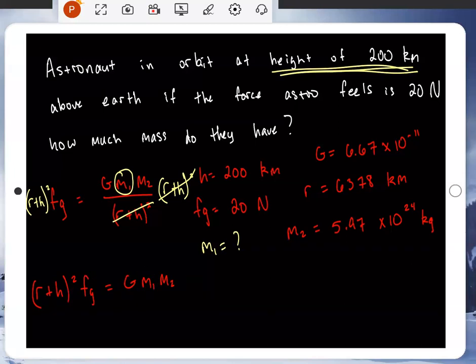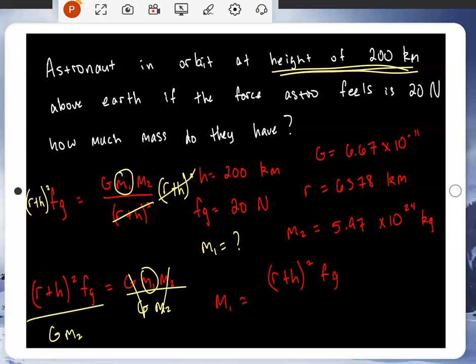And then you divide by G M2. Perfect. Because these cancel. And then obviously this is by itself when you do it to both sides, like you said. Great. So that's exactly right. And then what's the last step? Plug in the values, right?